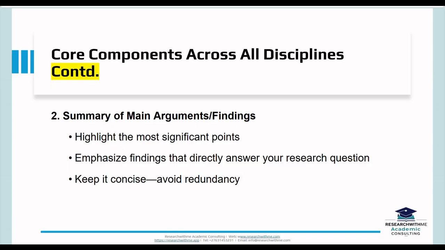Remember, even in a thesis or article, in some cases, we do have a main research question and we have sub-questions. So, when writing the conclusion, the first statement in your conclusion or the second should be a response to your main research question.